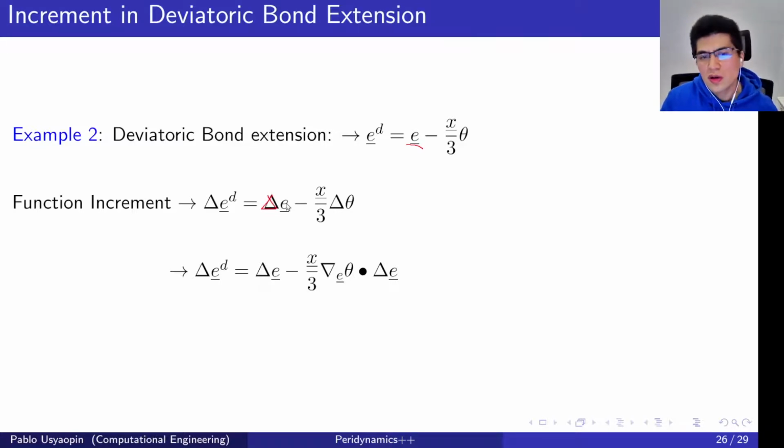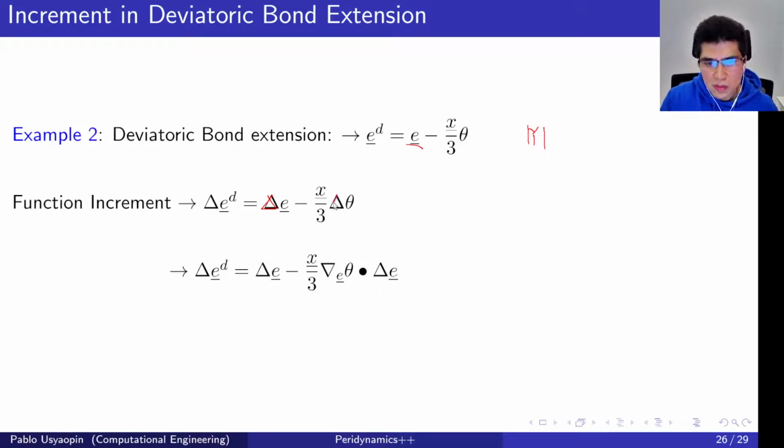And why are we adding an increment in e? Because we know that the bond extension e depends on the deformation state Y. So everything that is dependent on Y, we always apply that increment. We have to remember that rule. Minus x over 3: x is not dependent on y, neither is 3. In fact, they are both constants, so that's why they are put outside here.